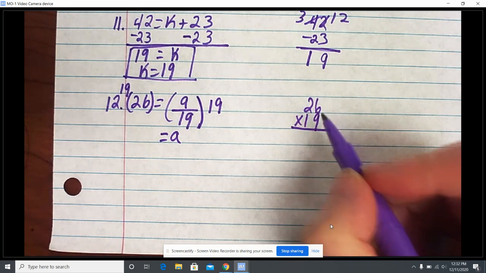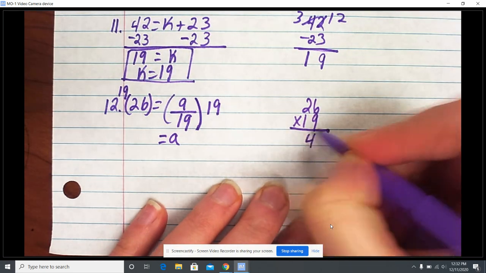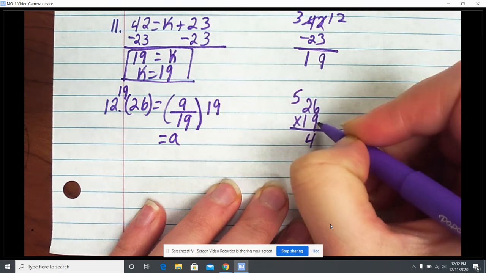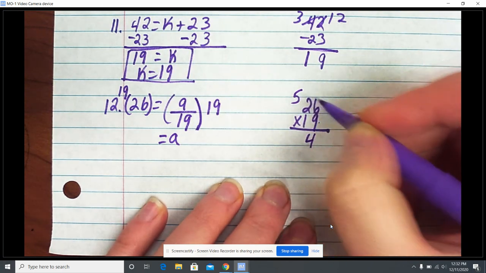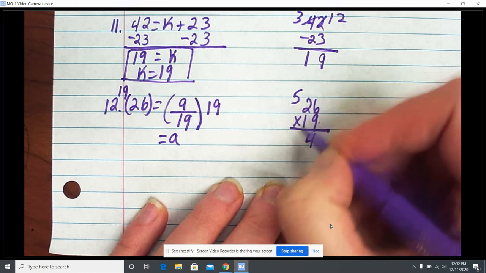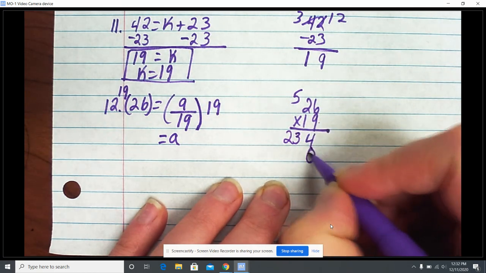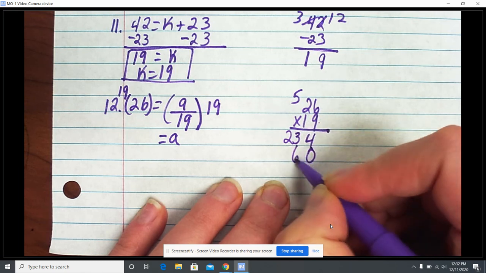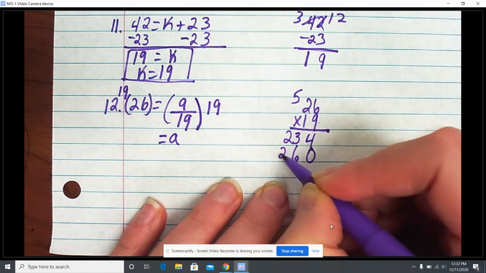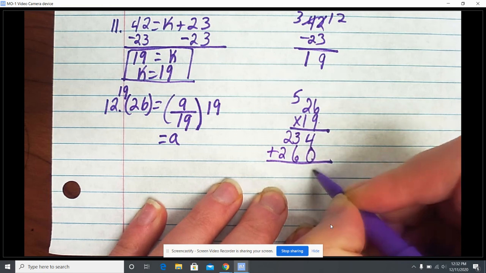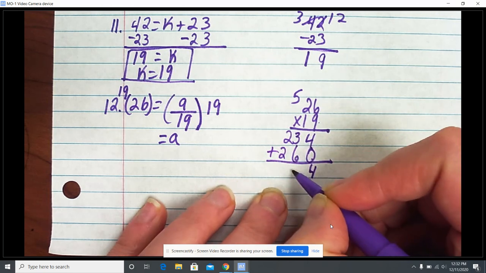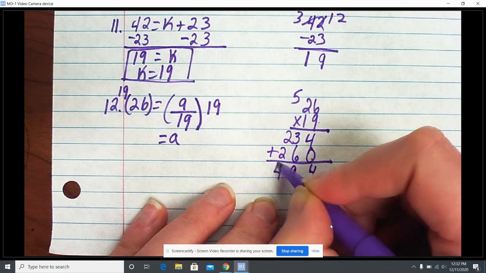Alright, so we got 6 times 9, which is 54. 2 times 9 is 18, plus 5, 23. Now we gotta go down to second level, so put 0. 6 times 1 is 6. 2 times 1 is 2. Add these together. 4 plus 0 is 4. 6 plus 3 is 9. 2 plus 2 is 4.